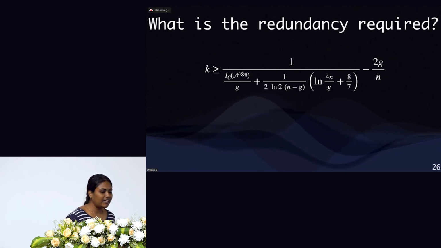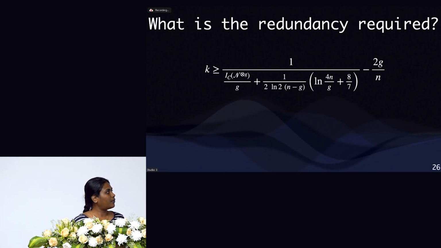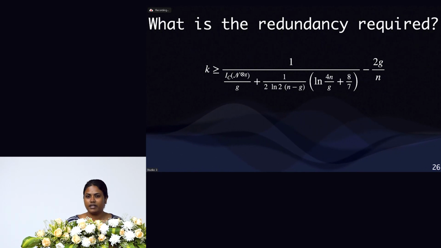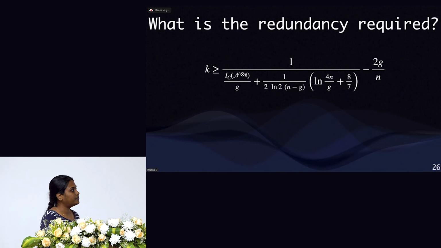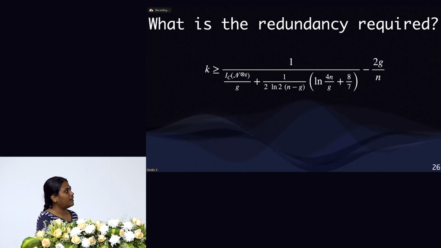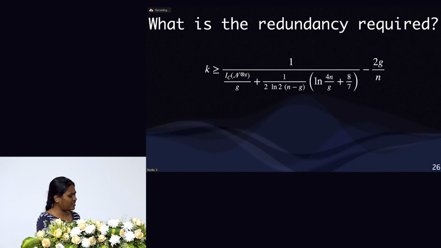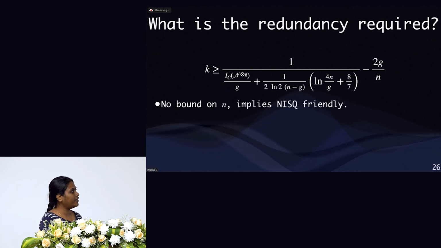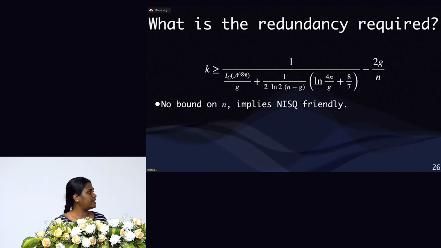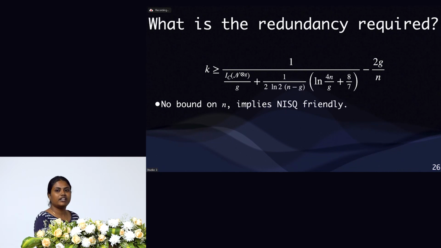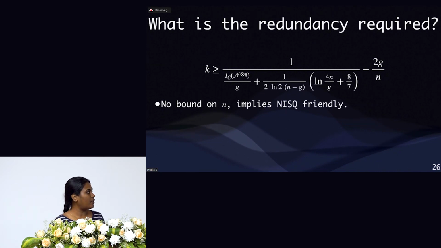For people who have done information theory, this coherent information is very similar to mutual information in classical terms. It is mostly a quantum analog of it, and this is the result we got. If we see, we do not have any bound on n. We do not say that this bound only holds when you have a large number of n or k. So, this is NISQ friendly. You can apply it to the current technology that you have.